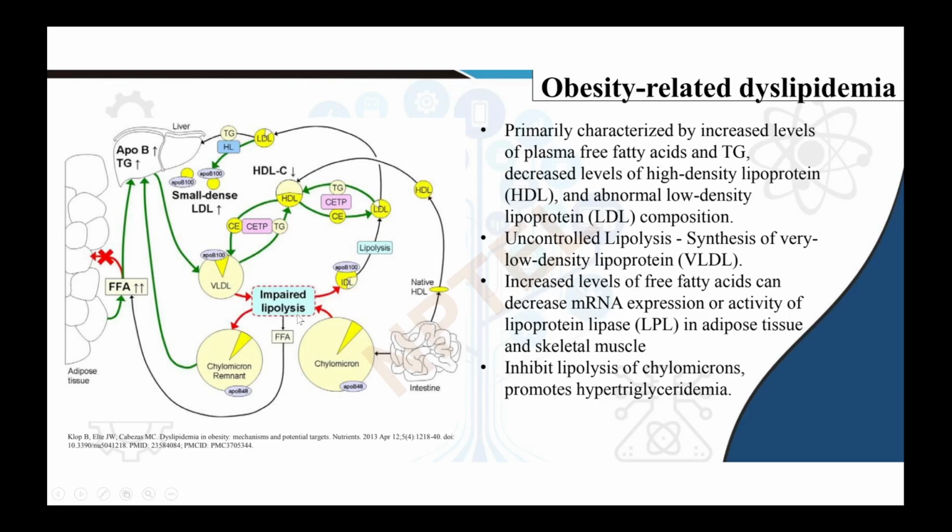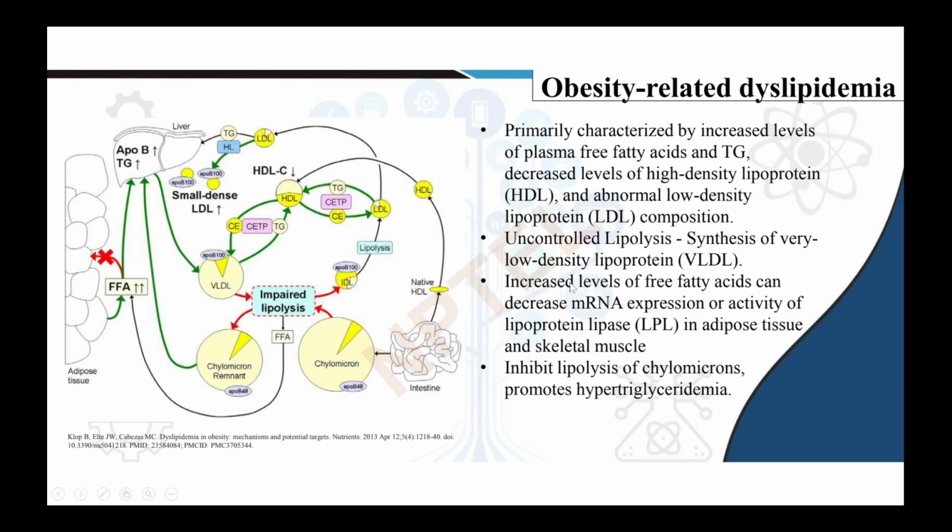Because of the synthesis of VLDL, increased levels of free fatty acids can actually cause impaired lipolysis, and it can increase the concentrations of free fatty acids in the circulation and decrease the concentrations of chylomicrons.